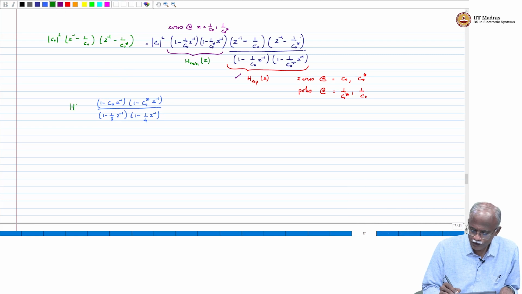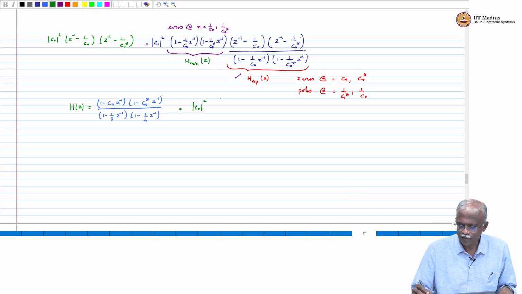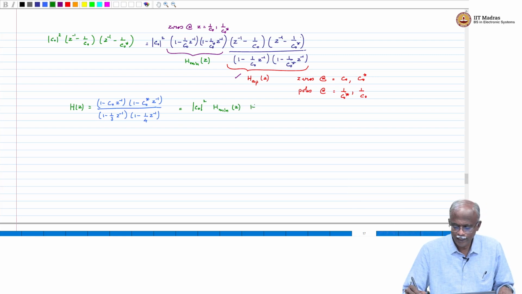Okay, this was the original transfer function. We have shown that it can be represented, within a scale factor, as a minimum phase transfer function which has the same magnitude response multiplied by the all-pass transfer function.